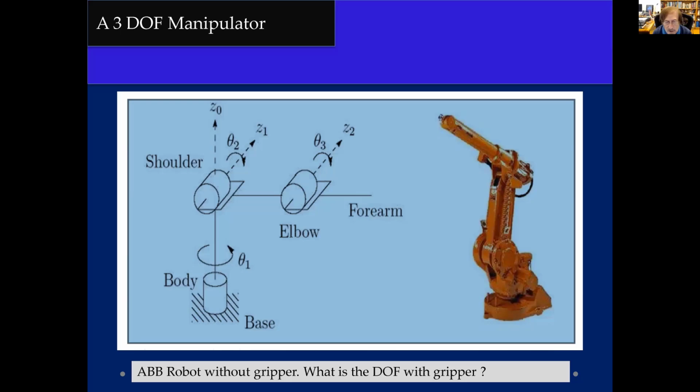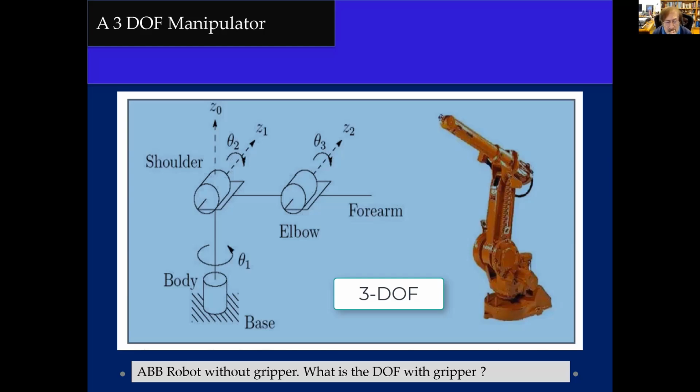And we mentioned that these robots are formed by 3 basic movements. In this case, it is 3 rotational, or revolute, movements, which are provided by 3 revolute joints. And we call it a 3 degree of freedom manipulator.